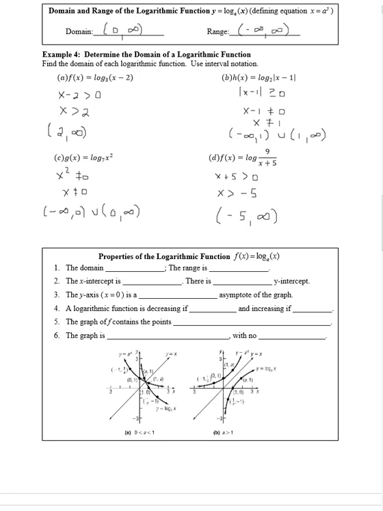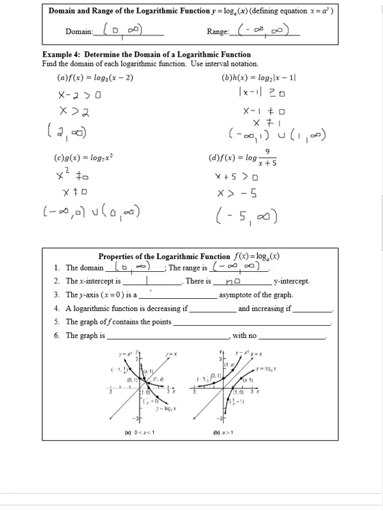Okay, so reminder of the properties of logs. Again, the domain is 0 to infinity. The range is negative infinity to infinity. The x-intercept is 1. There's no y-intercept.